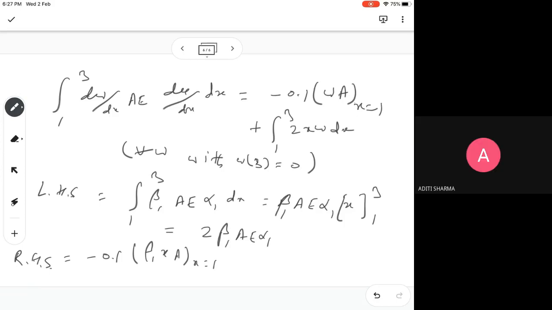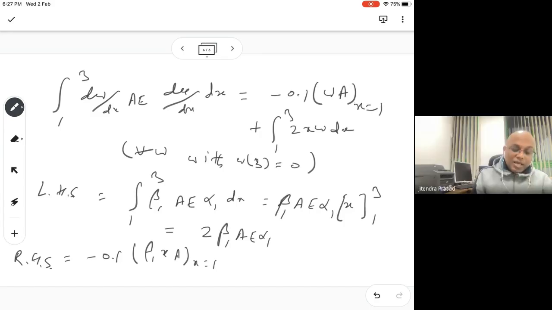Sir, then w was x minus 3. Yeah, you are right, x minus 3. That's true, I made a mistake. So here x minus 3. Okay, so this is what we have for w, and then we have A, right? So we write A here at x equal to 1.